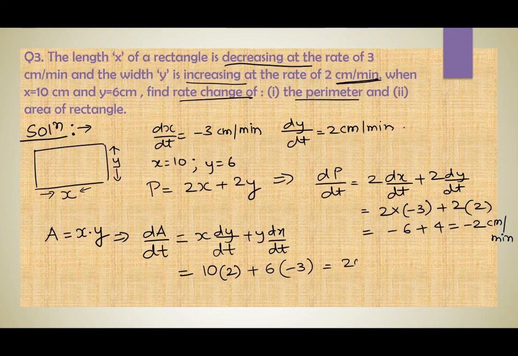So this is coming out to be 20 minus 18. The final answer comes out to be 2. What would be the unit? Area का unit centimeter square और rate होने की वजह से per minute. So this is the correct answer for question number 3. Very simple again.